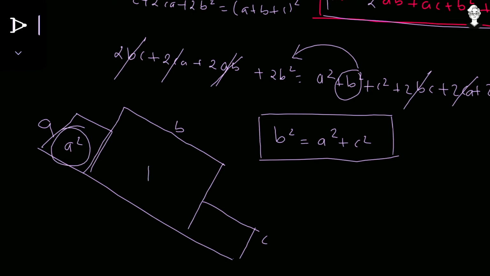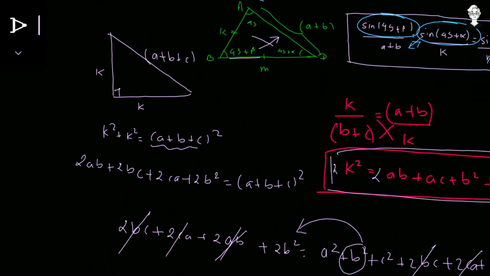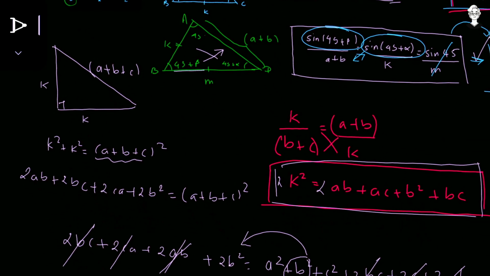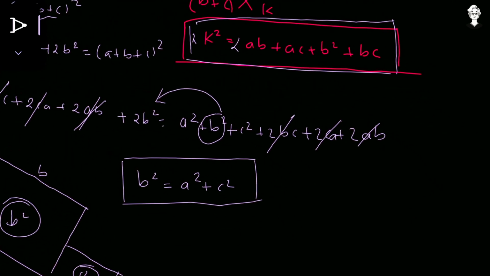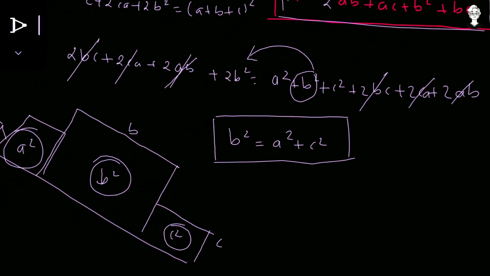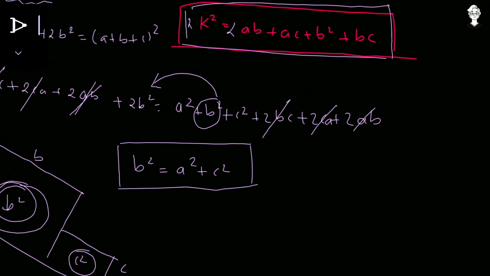If the side is b, its area becomes b square, and if the side is c, its area becomes c square. So a square, b square, c square is nothing but the area of these three squares. What we derived is that the area of the middle one, marked as b, is equal to the sum of the areas of the other two smaller ones. This was the relation we were trying to find.